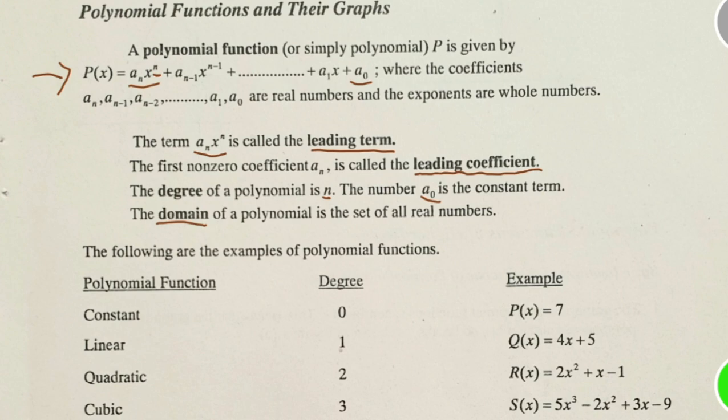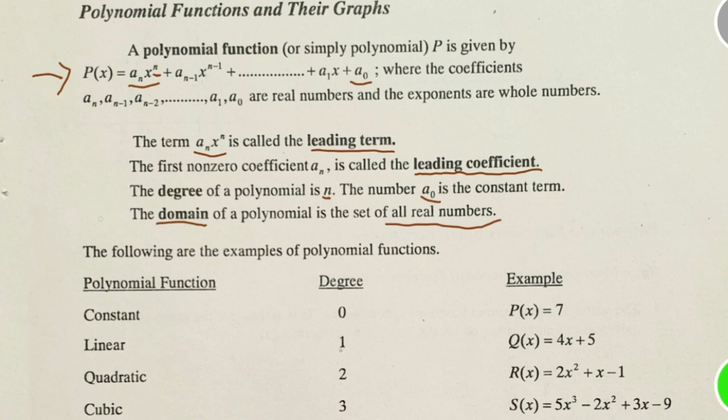What real numbers can you enter in x to get some real number in p of x? This is the domain. You can enter any real number in x. Whatever real number you put in x, you will get a real number p of x as output. Therefore, the domain is the set of all real numbers.